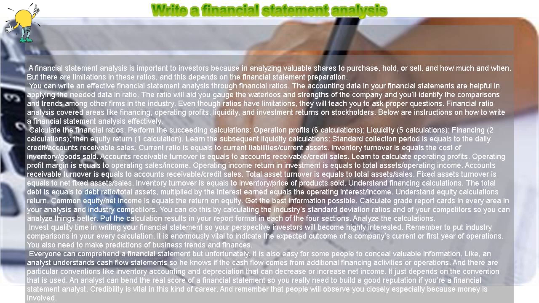Financial ratio analysis covered areas like financing, operating profits, liquidity, and investment returns on stockholders. Below are instructions on how to write a financial statement analysis effectively. Calculate the financial ratios.